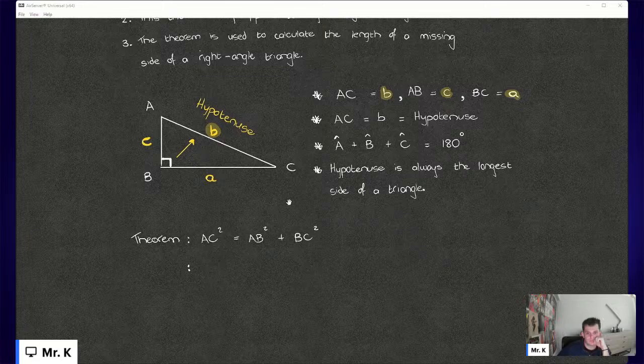Right? So, how do we write this theorem into words?